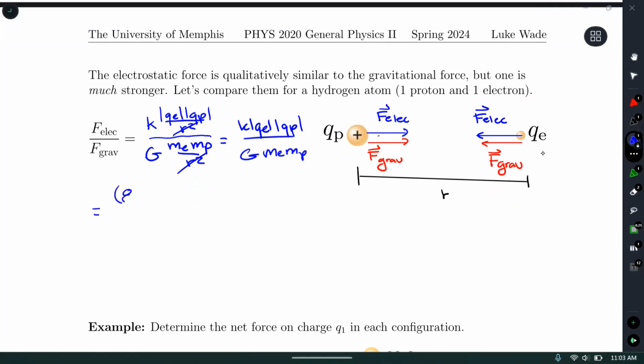Now this is a disgusting amount of exponents, so I'm not going to make you do this one. K is this number right here. Electron charge, the magnitude of it, so dropping that negative, is this right here. Proton charge is the same in magnitude.